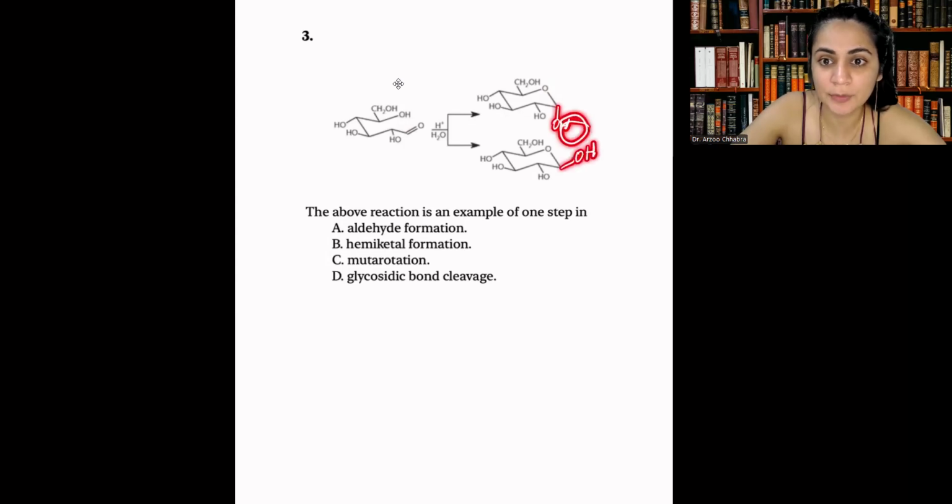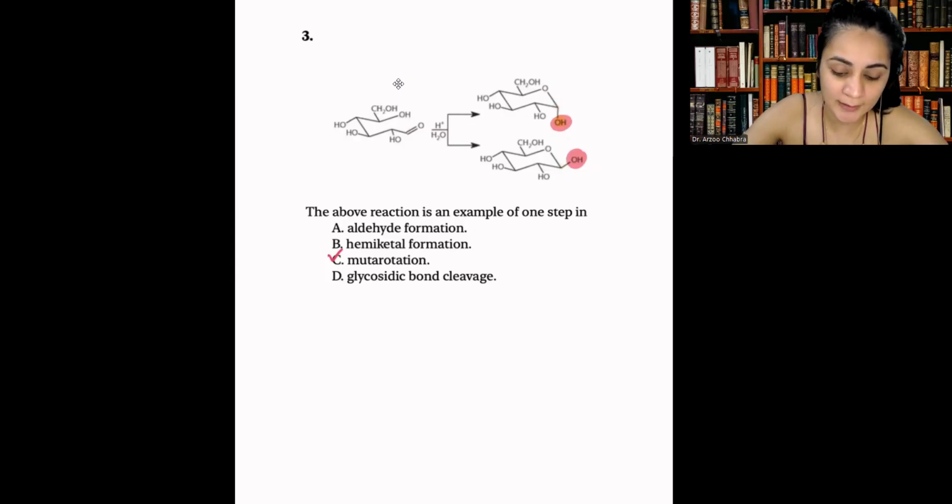So what we do really see here is a mutarotation happening because the OH pointing in 2 different directions, right? That is actually called mutarotation, and that's exactly what is happening.